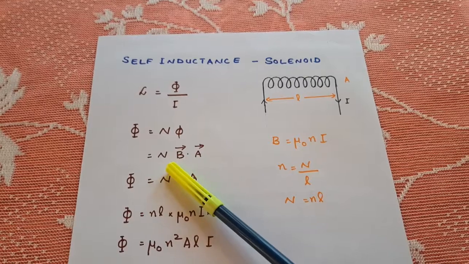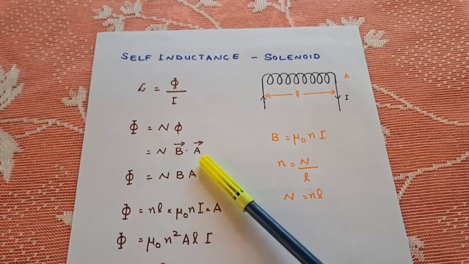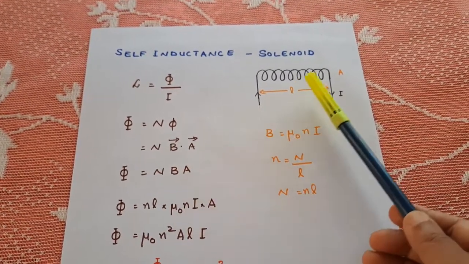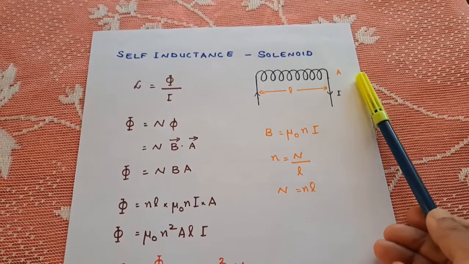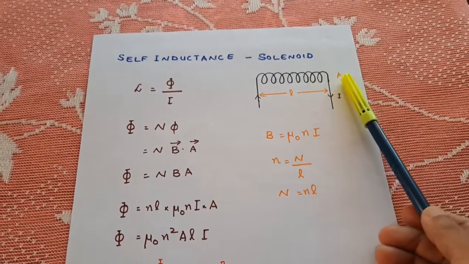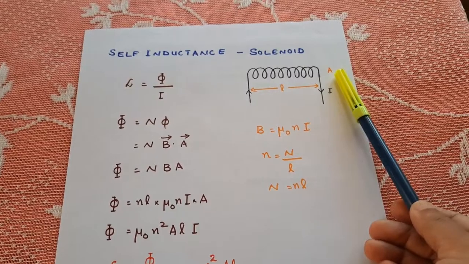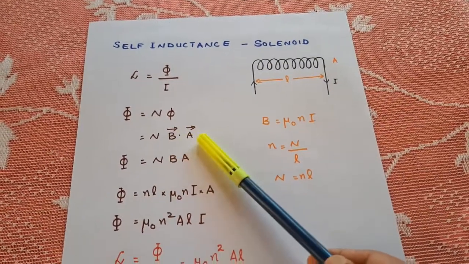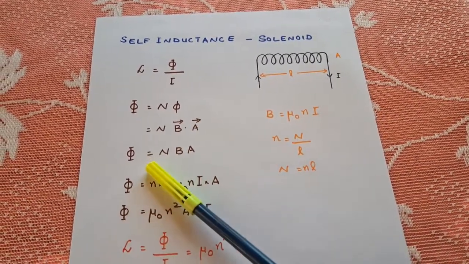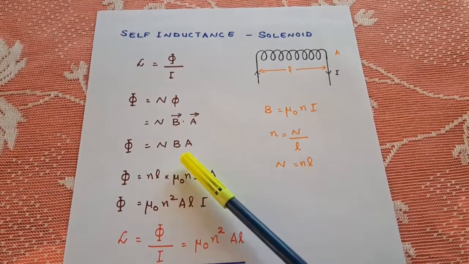So it is equal to N times B dot A. Magnetic field is along the axis. The area vector is also along the axis. So B and A are parallel. So magnetic flux is equal to NBA.